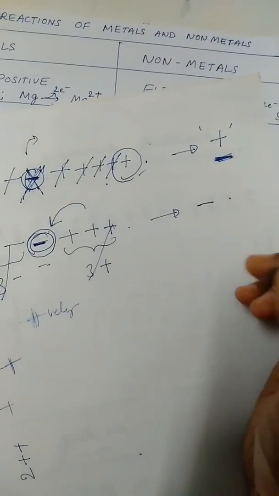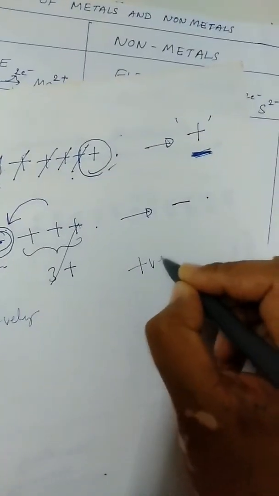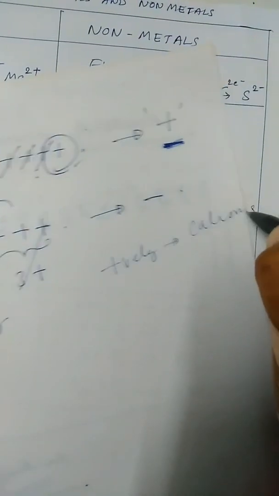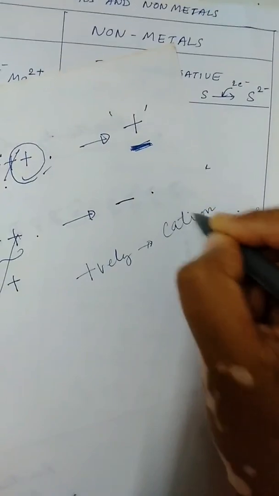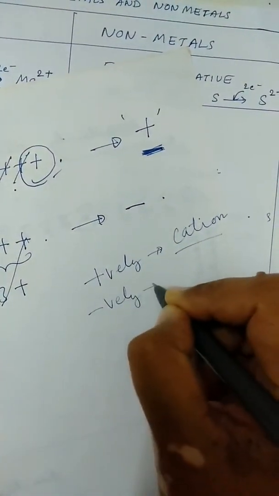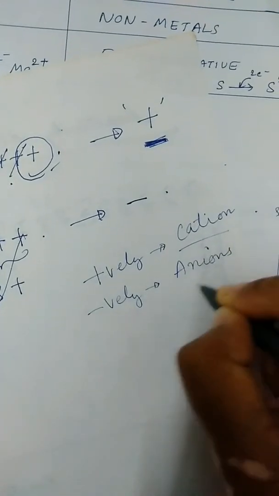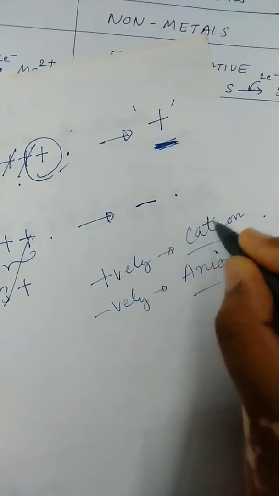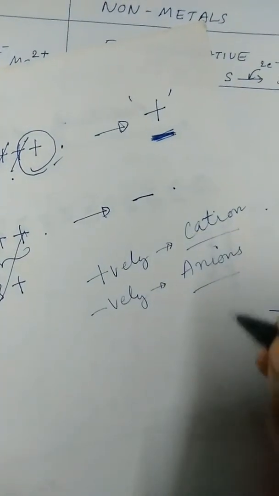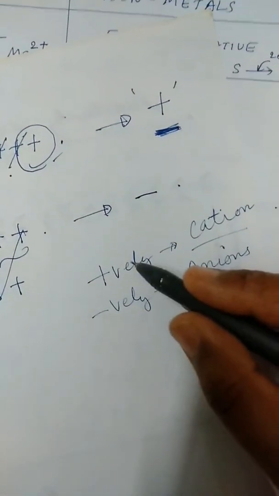One more thing you have to learn here children, the positively charged ions are called cations. What are they called, children? Cations. And the negatively charged ions are called anions. So, what are cations? These are positively charged ions. And what are anions? These are negatively charged ions.